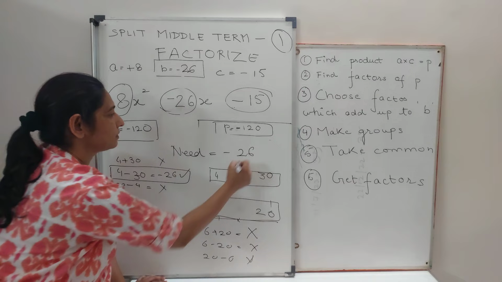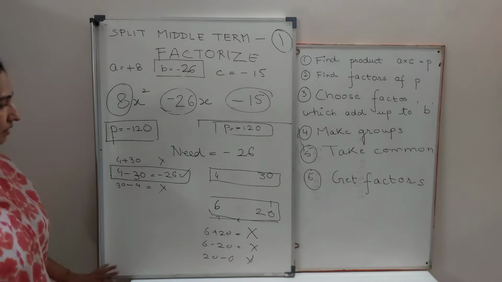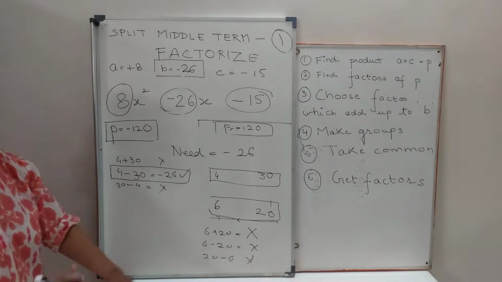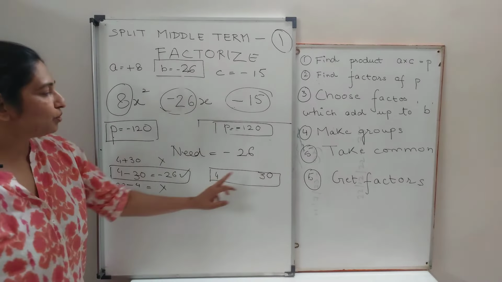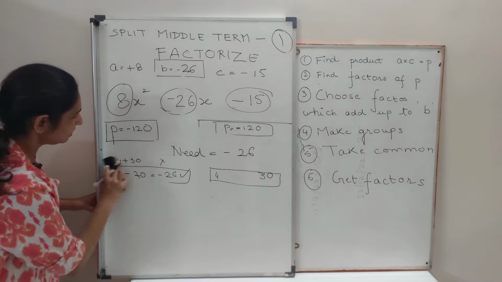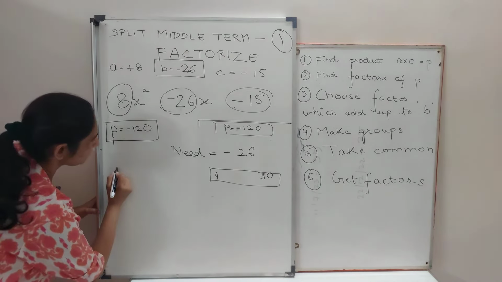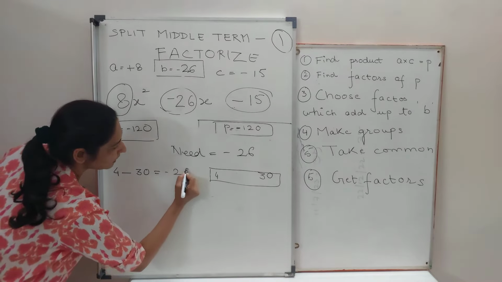So what did we finally get? From this we got nothing, we did not get minus 26, remove it. From the pair 4 and 30 we did get minus 26, when we did 4 minus 30. That is where we got minus 26.